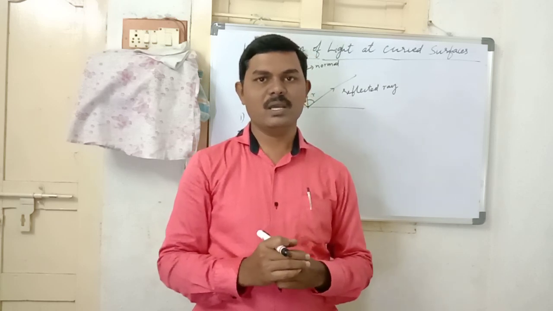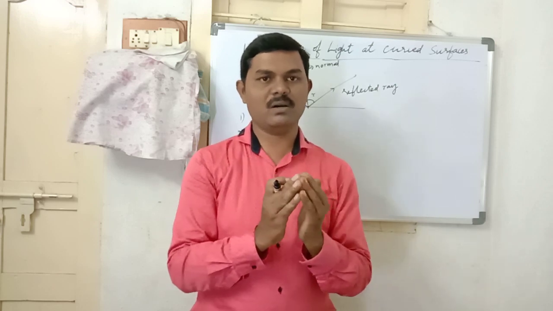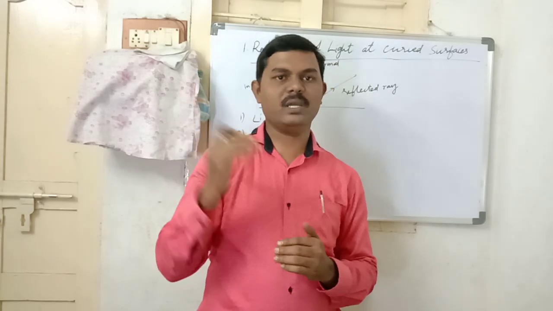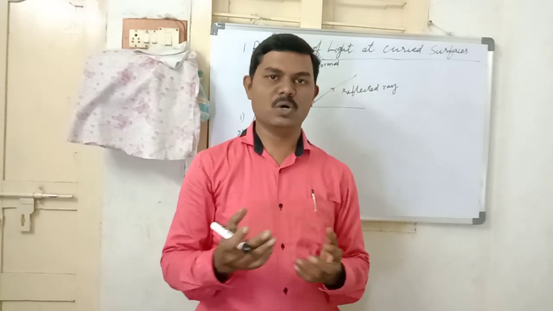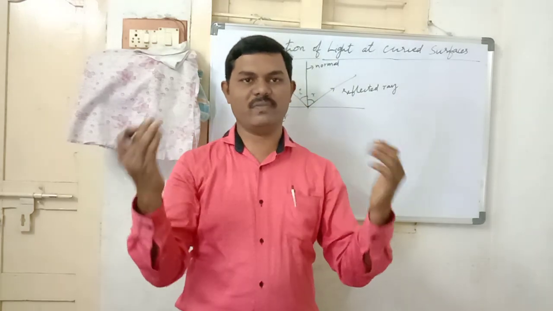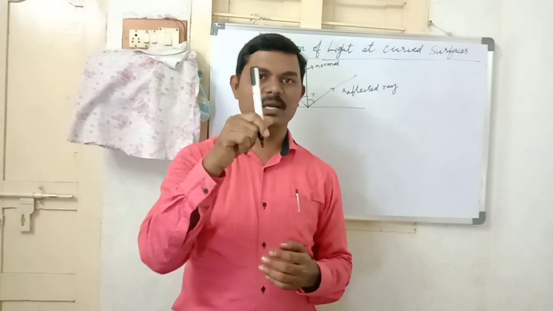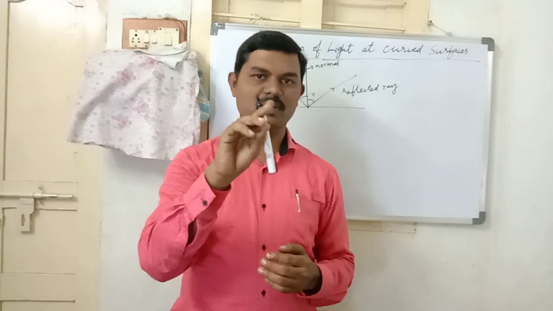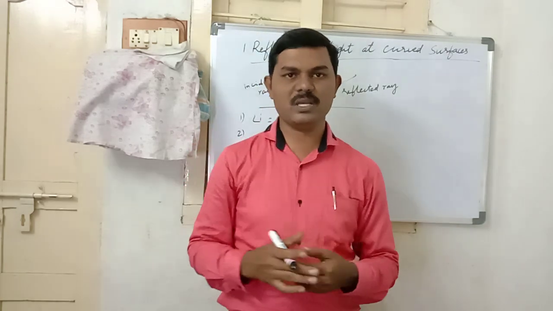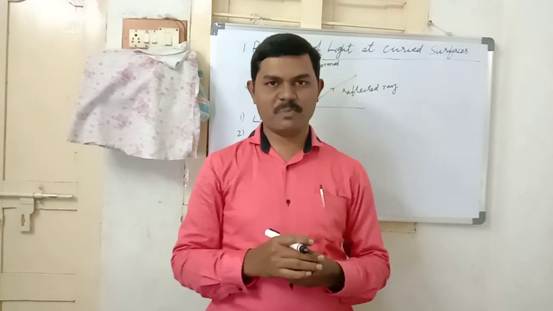Can you tell me whether the image we see of our face in the plane mirror and the image formed by the vehicle mirror are the same? No. Some images will be small and some images will be very big. Some images will be erect and some images will be inverted. So different types of images will be formed by different types of mirrors.